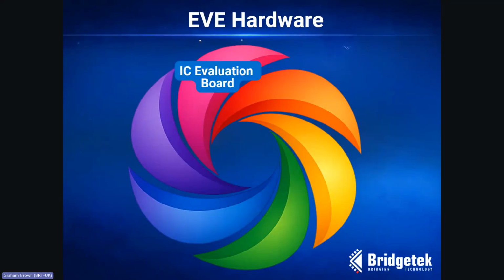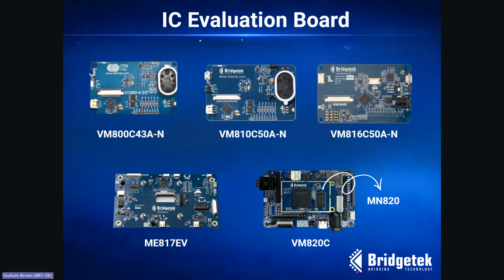So first of all, just to talk about the first category that we mentioned there, our IC evaluation boards. These are ideal for evaluating Eve and developing your application. The range of compact modules includes a version for each Eve generation, including our FT80X, FT81X, BT816, BT817 and BT820.